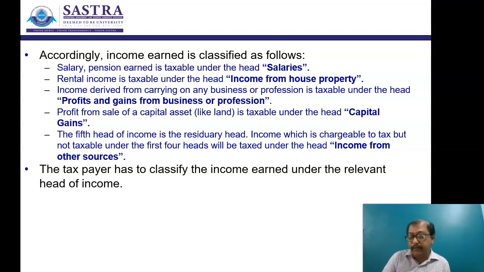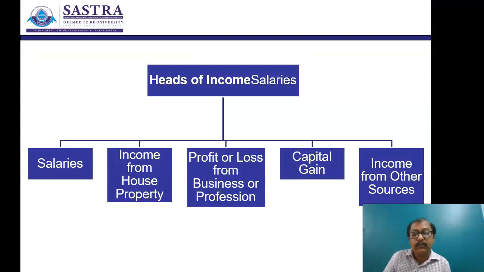Okay, so these are the 5 different sources of income that an individual can have. To give you an idea, the 5 different heads are listed in this slide: salaries, income from house property, profits or gains from business, income from capital gains, and income from other sources.